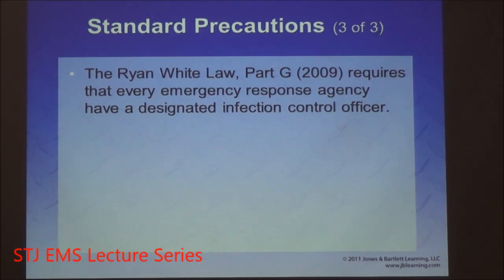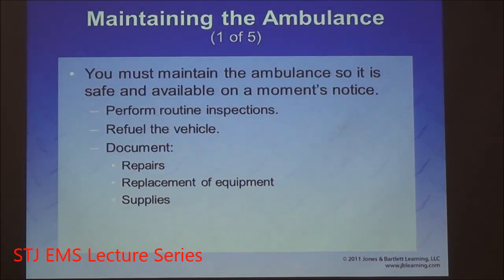Then it's up to the infection control officer to get in touch with the provider. Everything goes through the infection control officer, so the provider does not contact the hospital directly and get results directly. This is the way we maintain confidentiality.